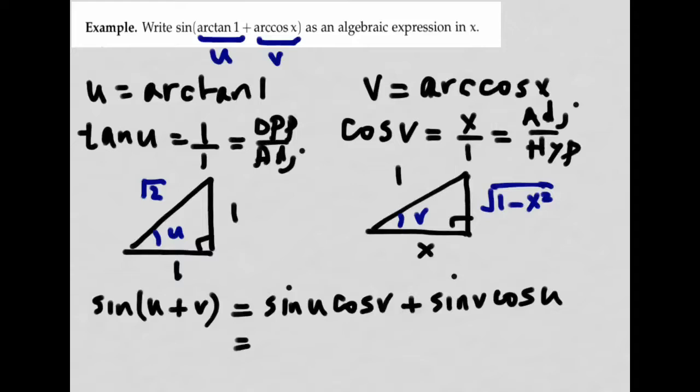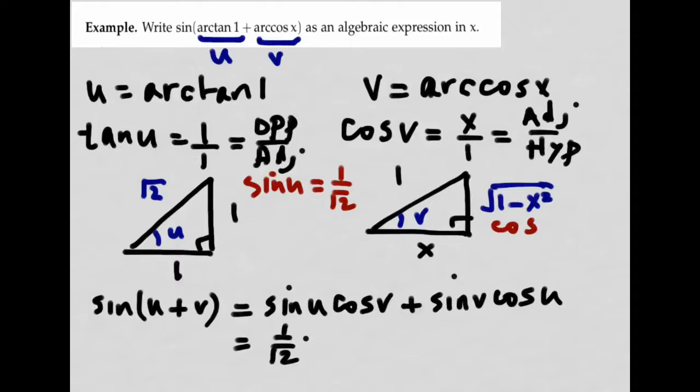What do we need? Sine u, let's write it here, sine u in this triangle is the opposite divided by the hypotenuse, so this is 1 over root 2. So we'll write 1 over root 2 times cosine v. Well, for cosine v, we need the second triangle.